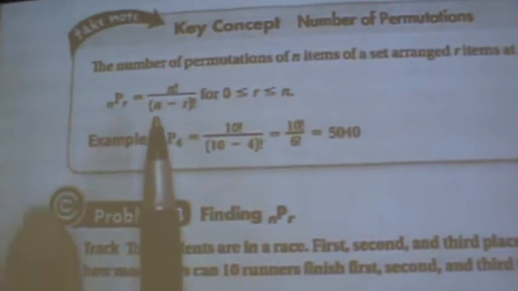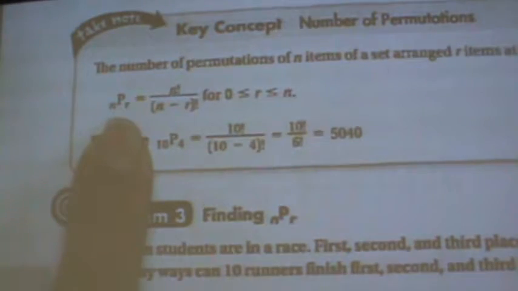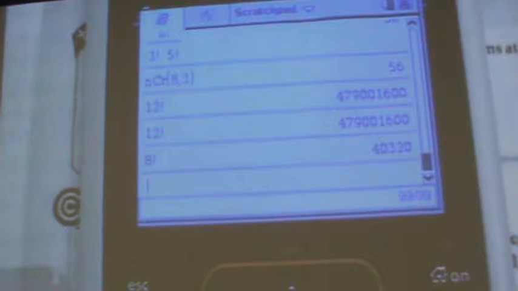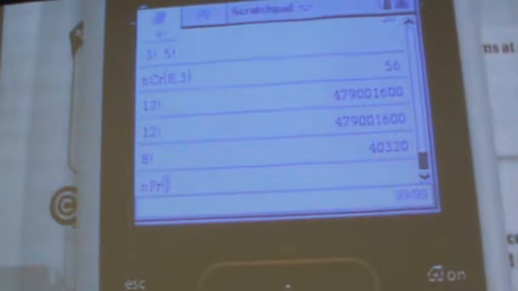Now, how can you do this on the calculator? This is a permutation. Take your calculator. I want you to hit menu, go to probability, and the second is permutations. Hit enter. You should see nPr.